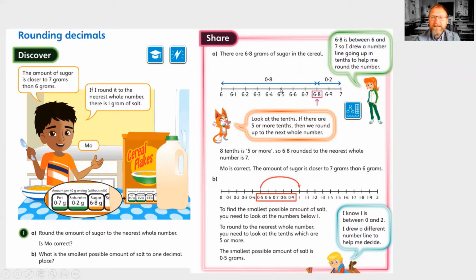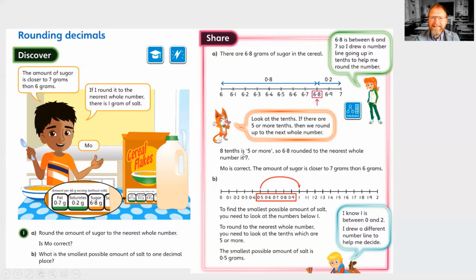Now, we said that there's that rule that if it ends in a 5, so 6.5, we always round the 5 up, because it's 5/10 to go up, and 5/10 to go down, because 6.5 is the same distance from 6 and 7. But the rule is that if it ends in a 5, we always round up.